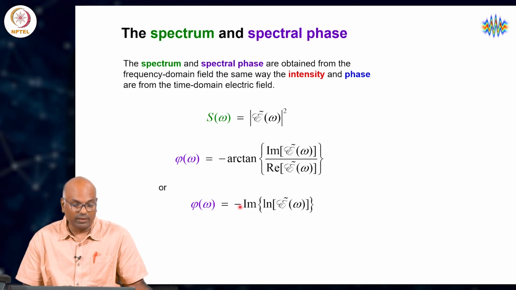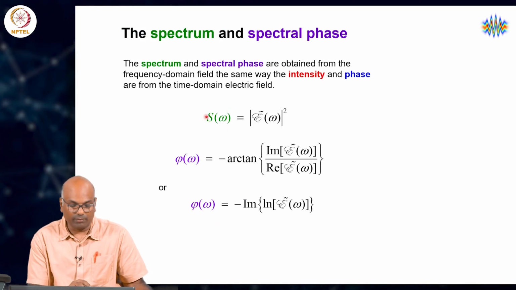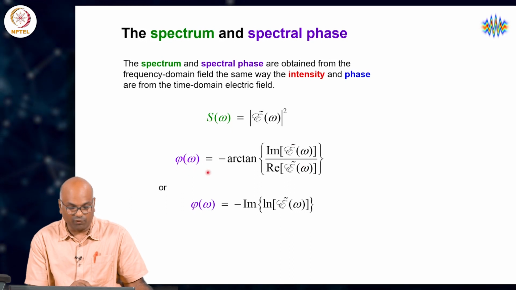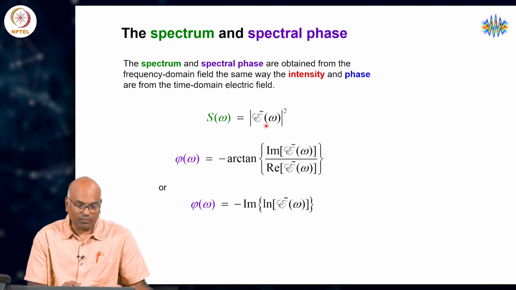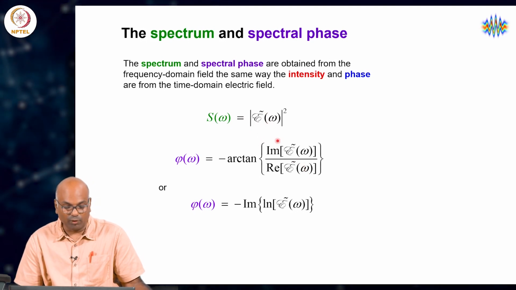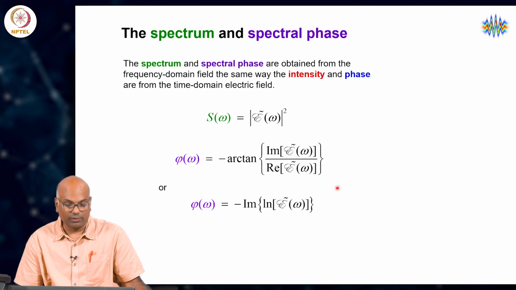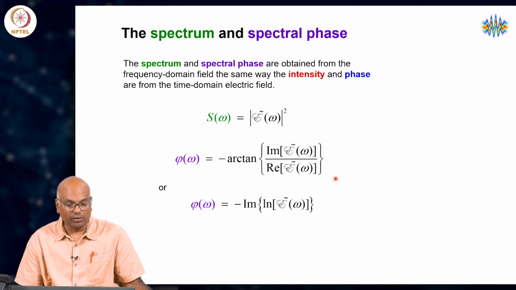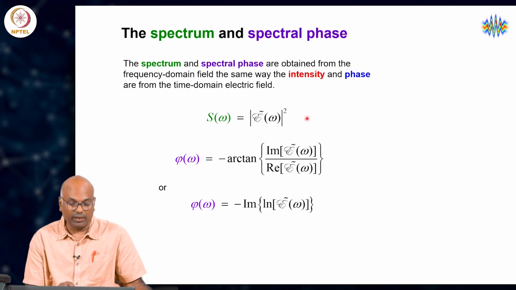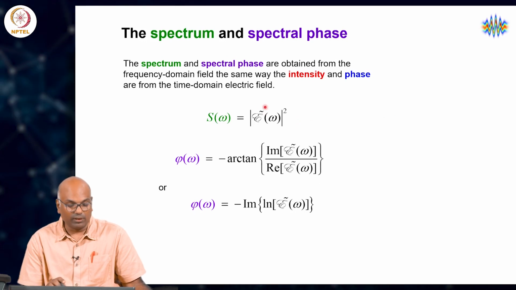So, there is then in the spectral domain the spectrum itself, or sometimes the power spectrum S of omega, spectral phase phi of omega, all of which can be related to the electric field in the spectral domain through these means and equations which we have seen several times by now, which are fairly similar, if not entirely one to one, in terms of analogies with the time domain.